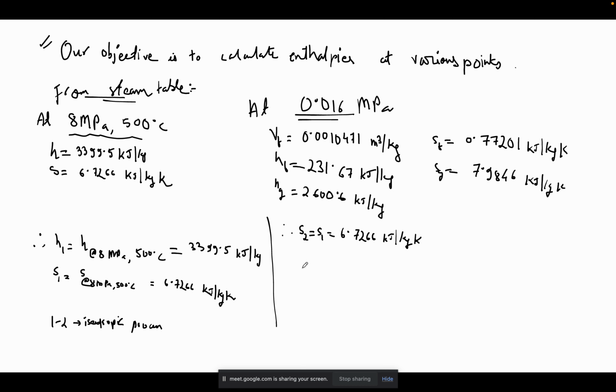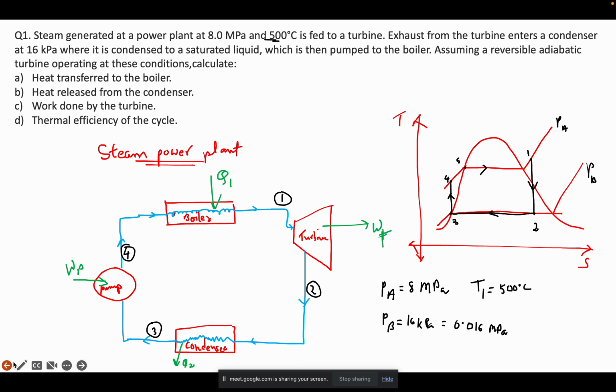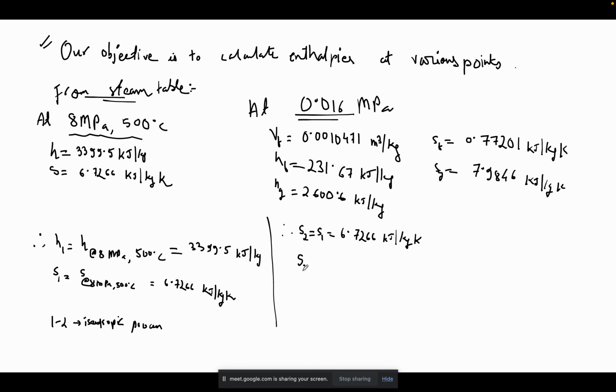Now we can also calculate S2. How? Because this 2 is in between this point and this point at this pressure level, suppose my dryness fraction is x2, then what will be my S2 from that formula?